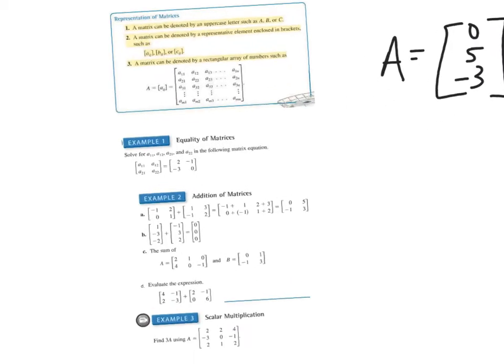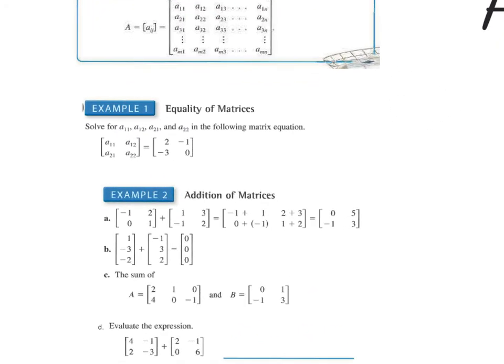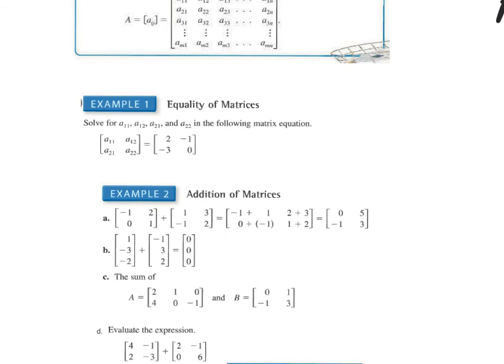Okay, so this says solve for A11, A12, A21, and A22 in the following matrix equation. So literally they're just saying, in the matrix given, what are these answers? So A11 would be first row, first column, is 2. Okay, they're just having you solve. So hopefully you can see that in this place is a 2.